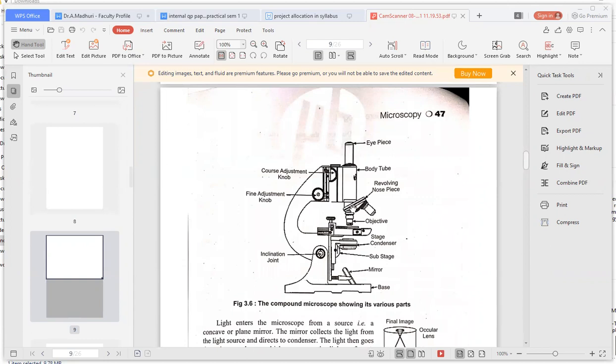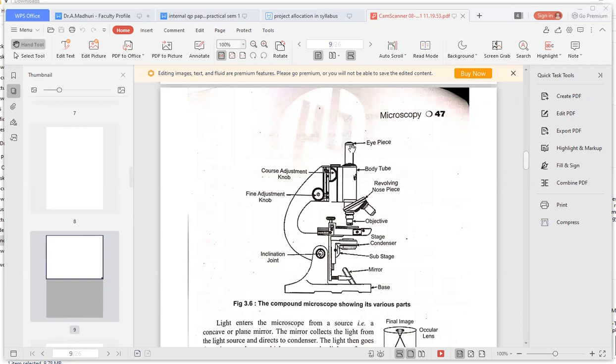These are the objectives. And this is the stage, this is the condenser, the substage condenser, and this is the mirror, base, inclination joint, fine adjustment knob, coarse adjustment knob. First, you remember these parts. Then you understand the function.